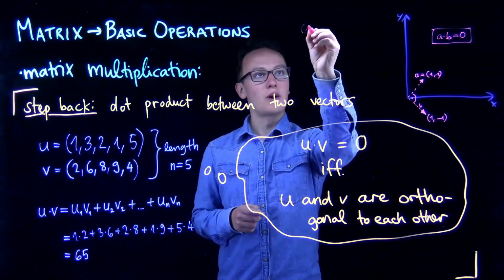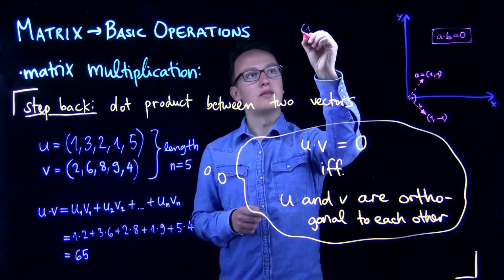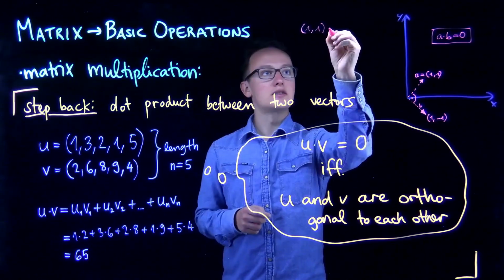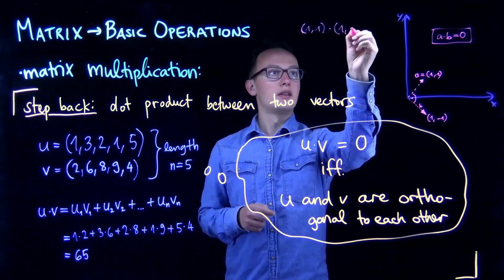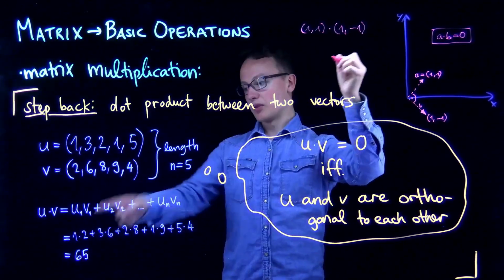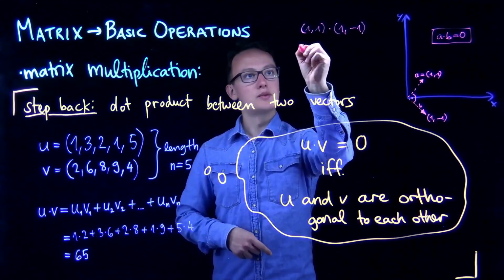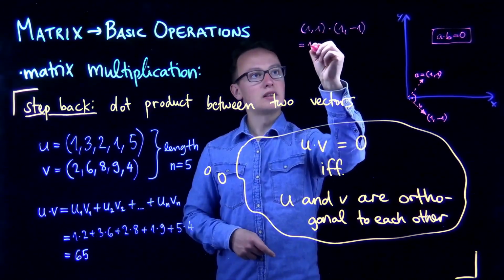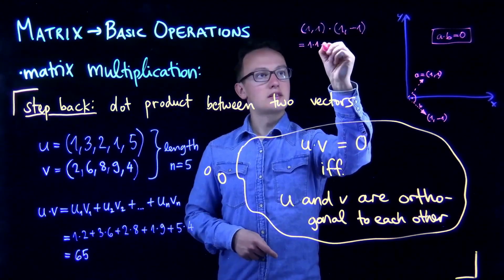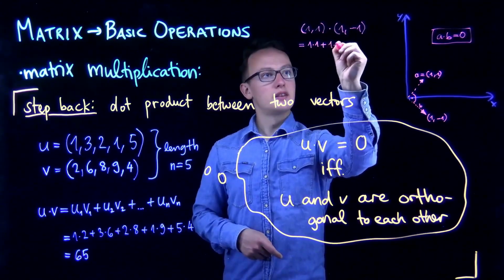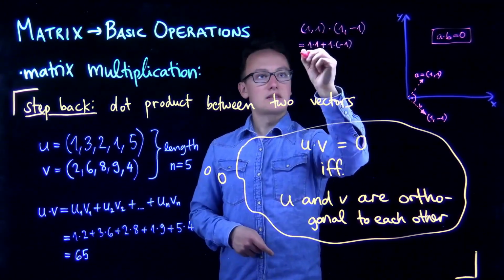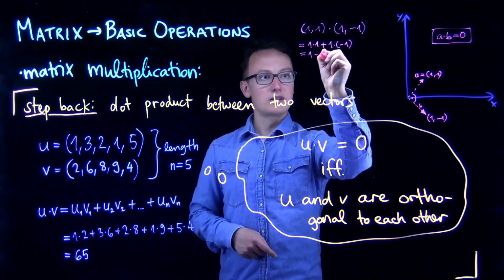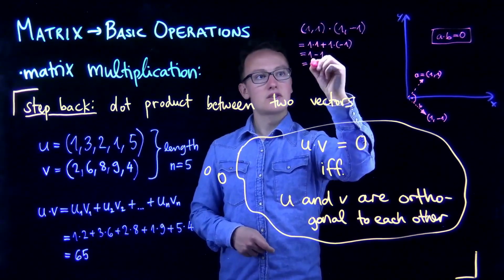We can check this for this particular example, if that's indeed the case or if I'm just making stuff up. Let's say we have the vector 1, 1, and its dot product with the vector 1, -1. Now, according to the definition of the dot product, this will be 1 times 1 plus 1 times -1. And that is just 1 minus 1, aka 0, right?